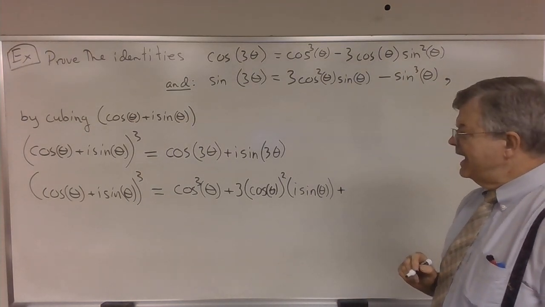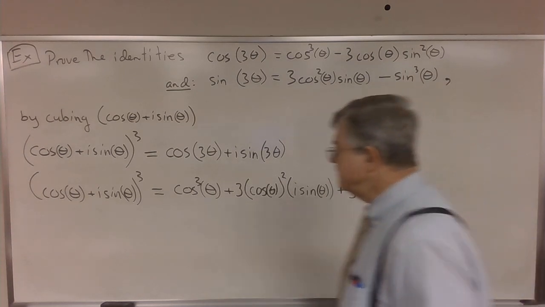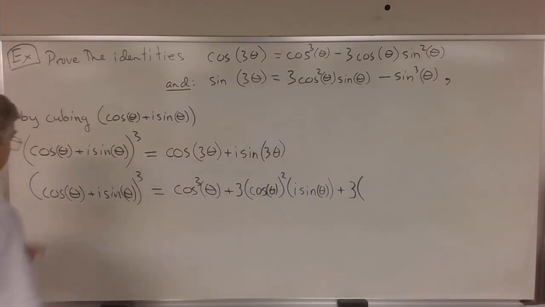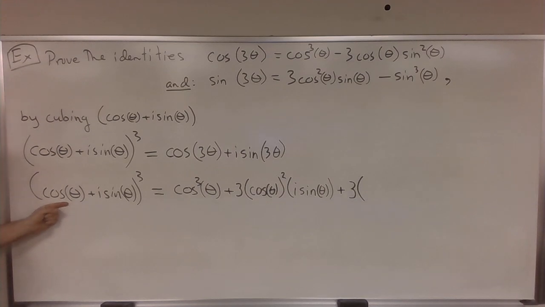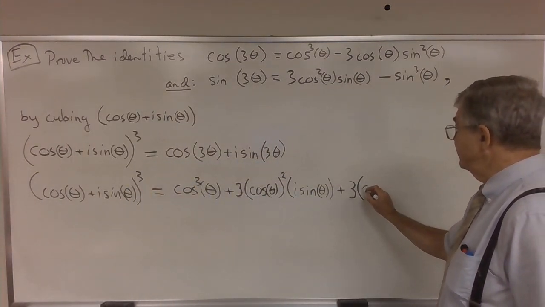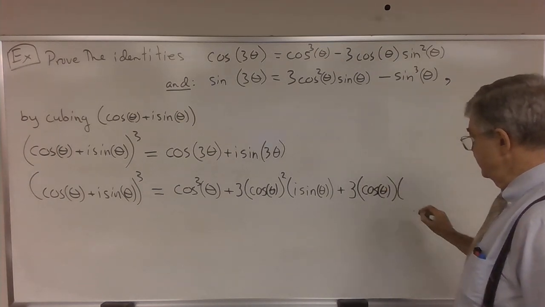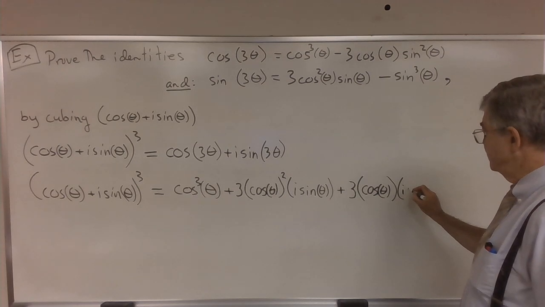Then we're going to get 3 again. We're going to get 3 times the first thing times the second thing squared.